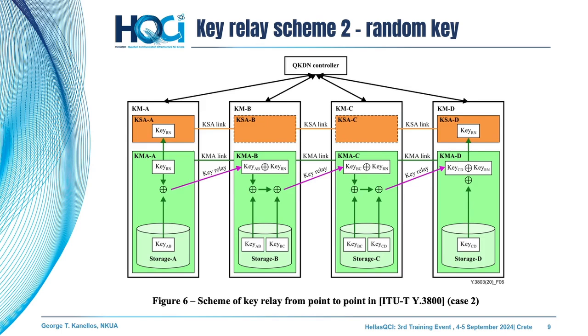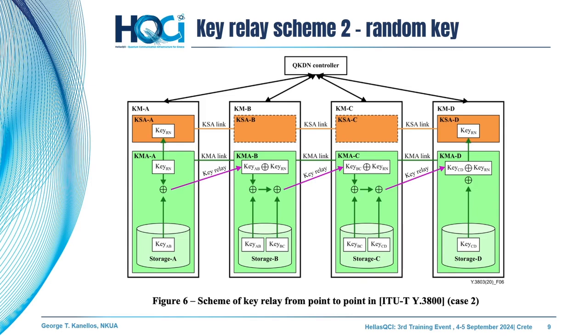We have to XOR, and by XORing key AB with key AB and the random number, we can get, through the fundamental principle of XORing, again the random number. And in this way, we can propagate the random number key all the way to the end node.